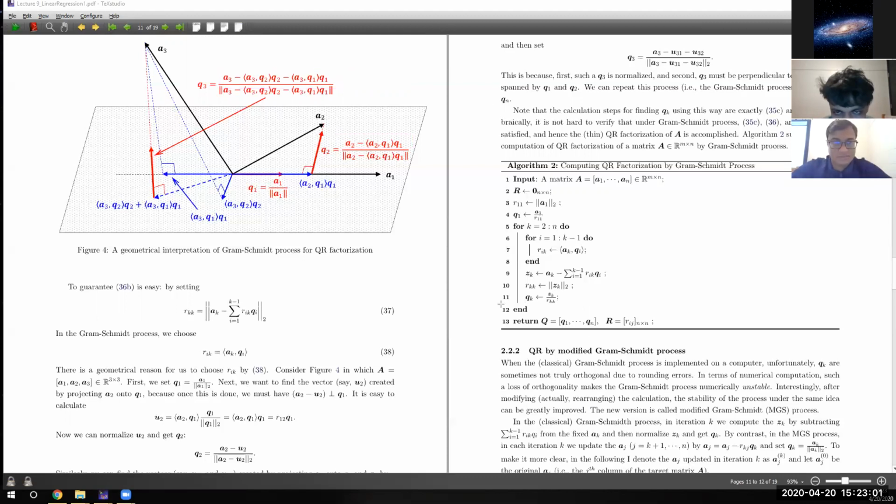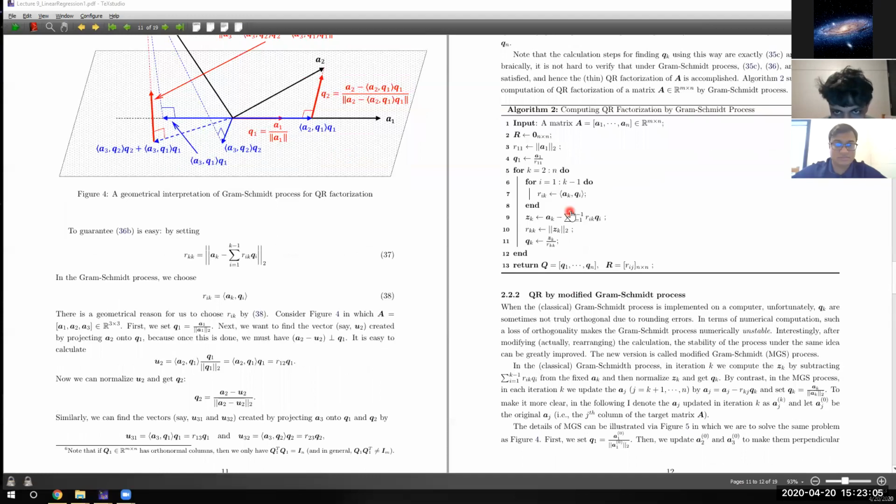So in conclusion, in the classical Gram-Schmidt process, what we did was to fix the ak, and then we gradually update rik and qi, and then we have the next qk, right?